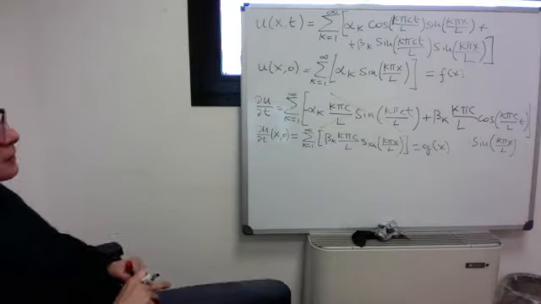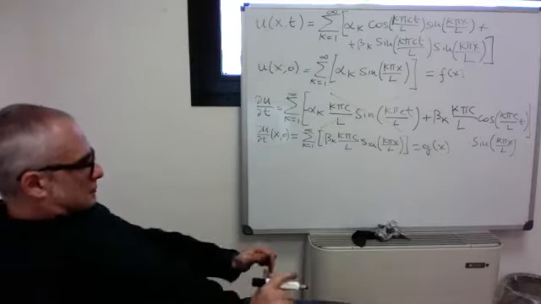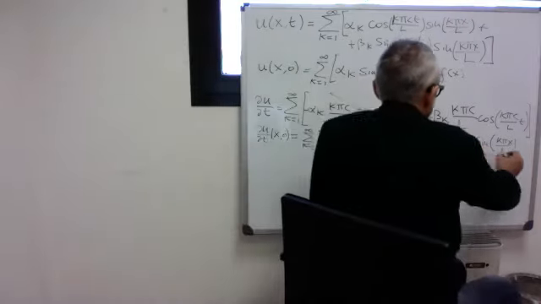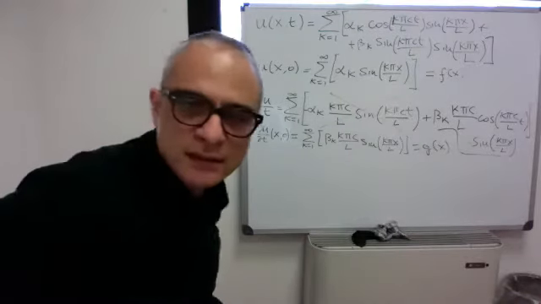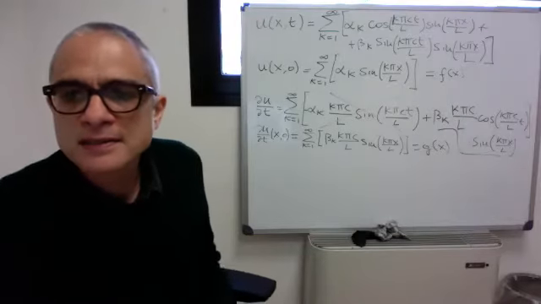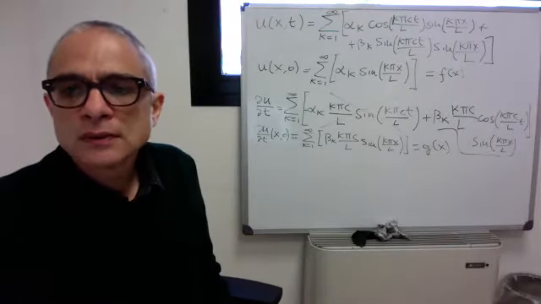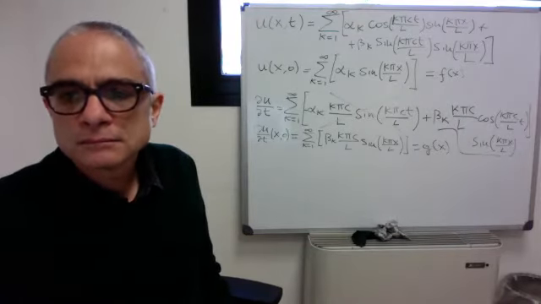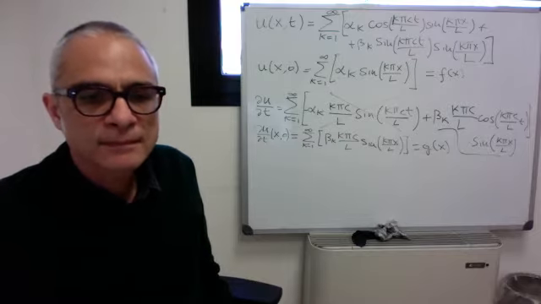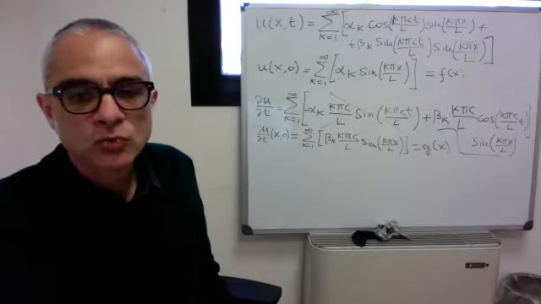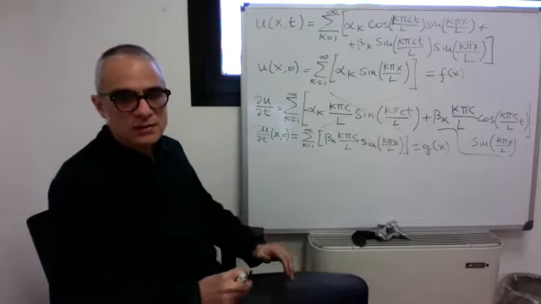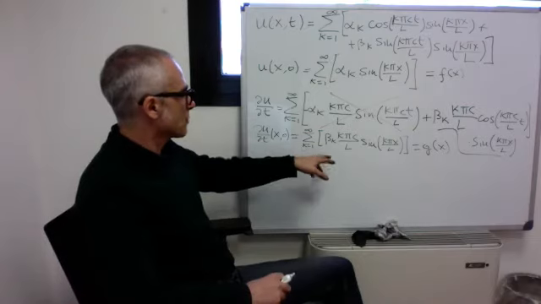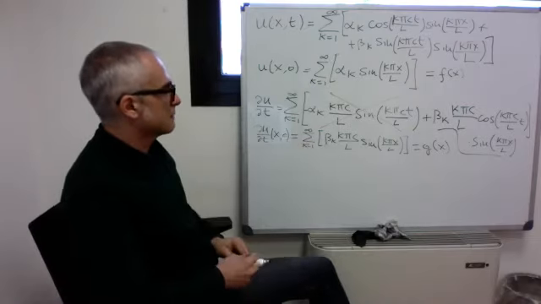Okay, so now here's a trick that one plays to actually turn the initial conditions into some mathematical formulas for alpha k and beta k.